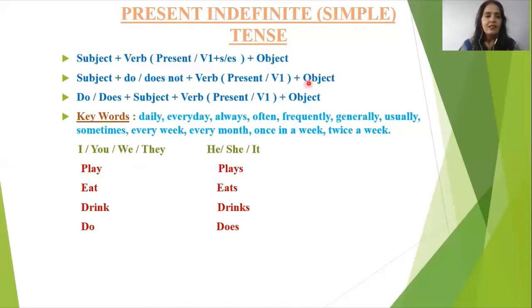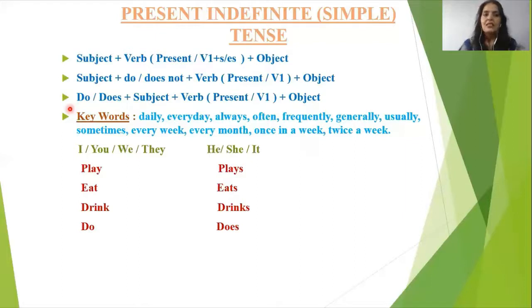Now there is a third category of sentence, the interrogative sentence. Yes, children, if we have to frame the sentence as interrogative, we use these do and does. You know, there are two categories of interrogative also. First category, when the sentence starts with a helping verb, and the other category when the sentence starts with the WH family.